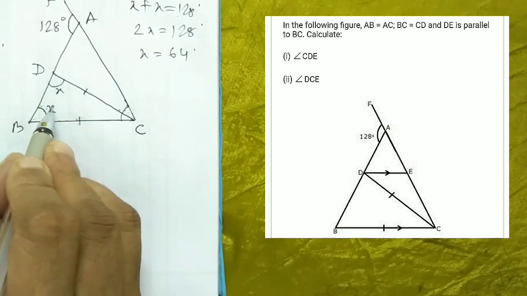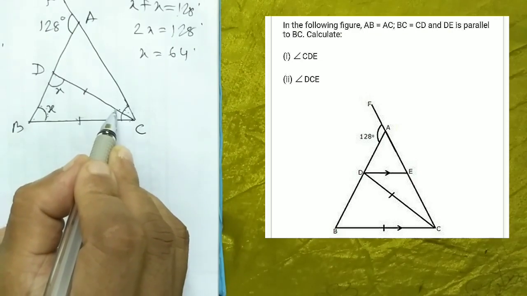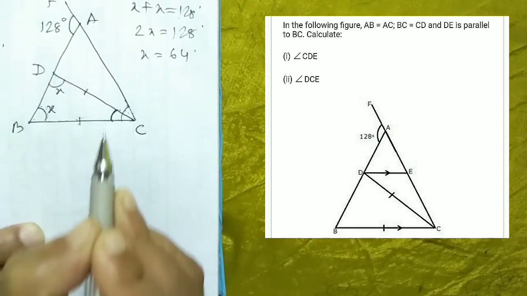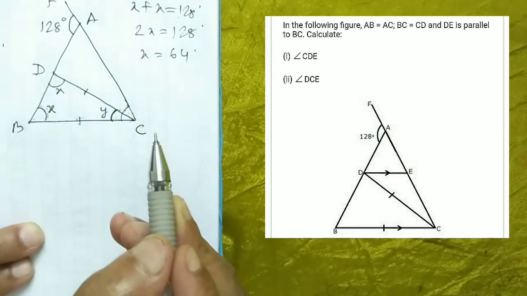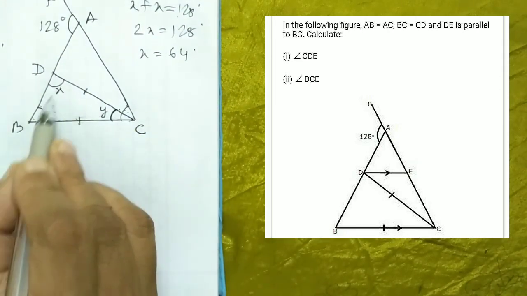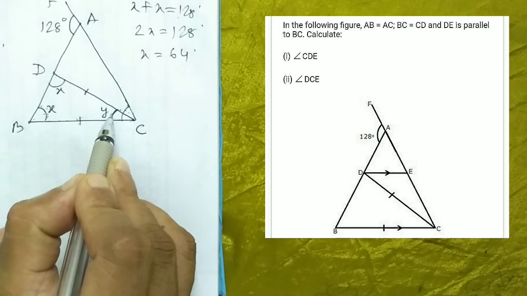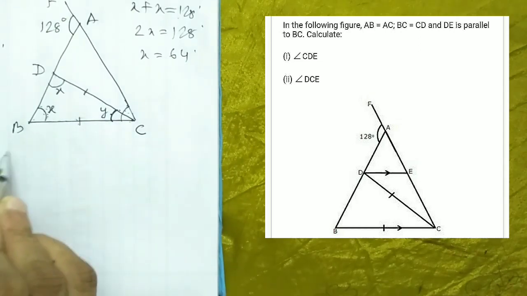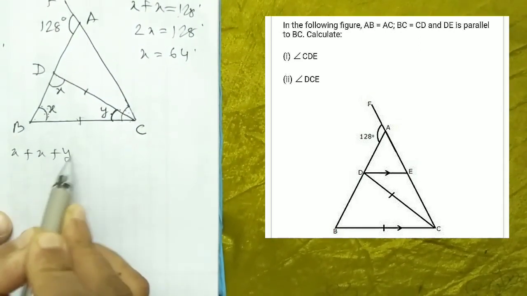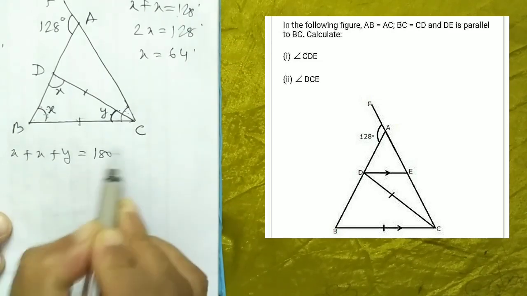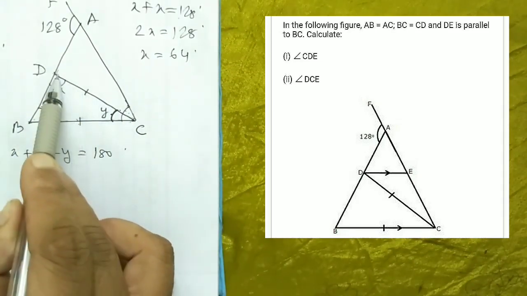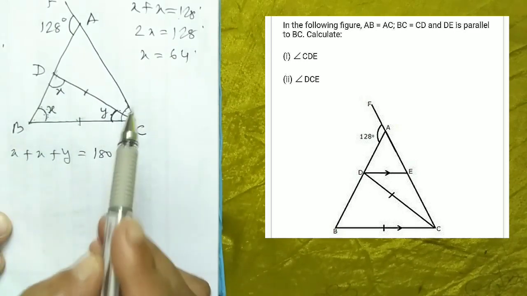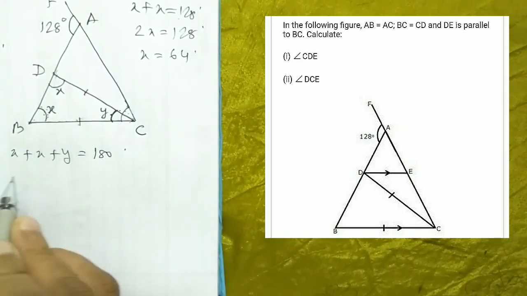Now if I ask you, can you find this angle? Say this angle is Y. X plus X plus Y equal to 180 degrees. Which triangle have I used? Triangle BCD. So x plus x plus y equal to 180 degrees.